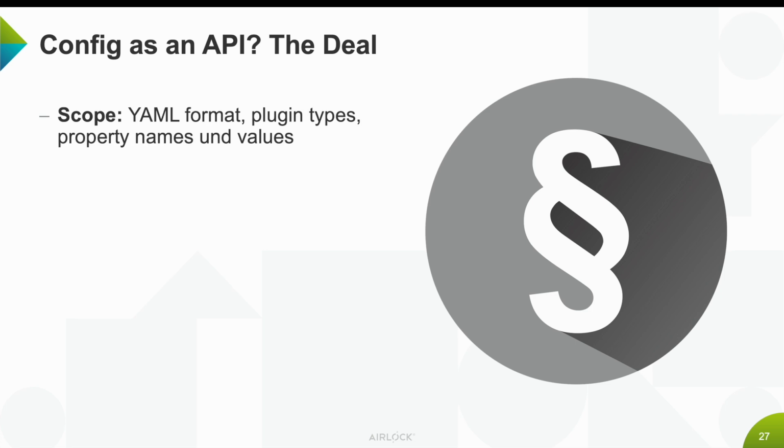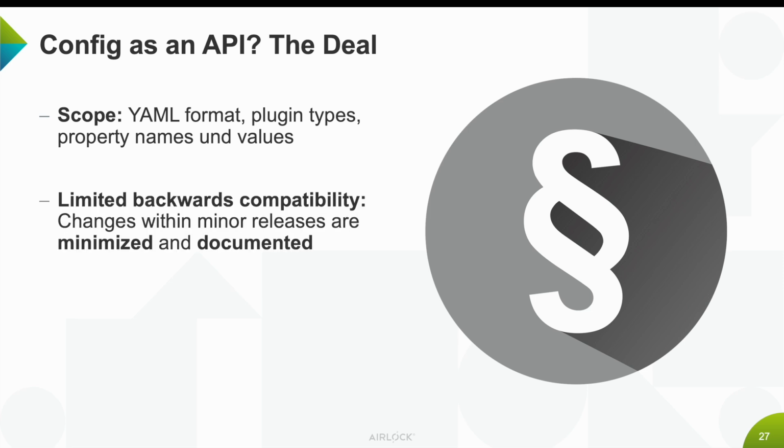So the scope of the deal, what it affects, is the YAML format itself, then plugin type names, property names, and property values. So what we will guarantee is what we call a limited backwards compatibility. So there will be changes within minor releases, but the changes to property names, property values, and so on are minimized.